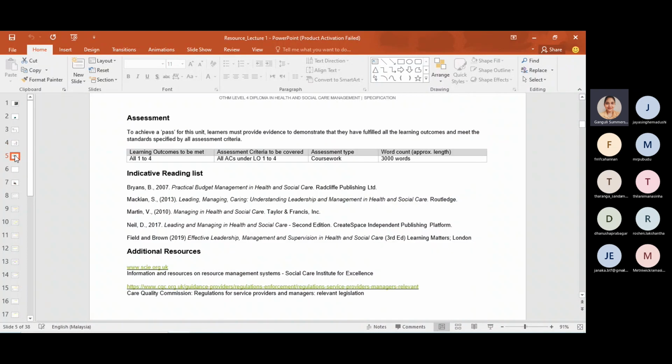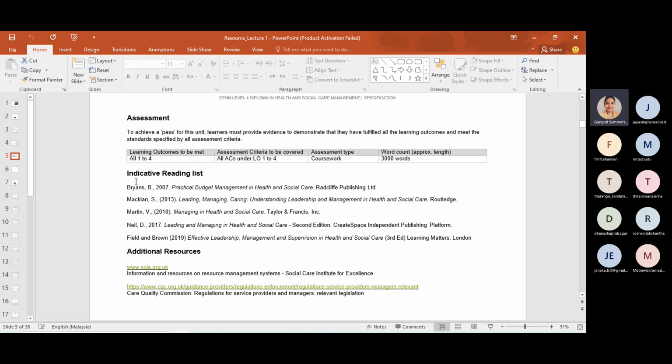More details about the assessment, guys, I will give you much later, because we have to cover at least 2 or 3 learning outcomes to issue an assessment. When I issue the assessment, I will tell you what it is about. Is it an essay? Is it a report? Is it an article?